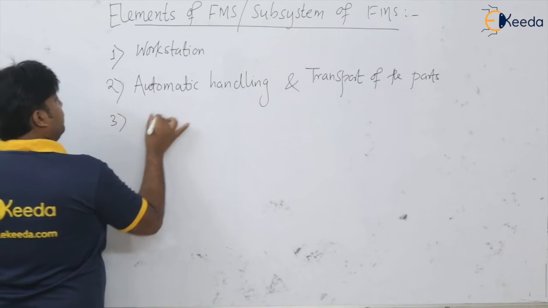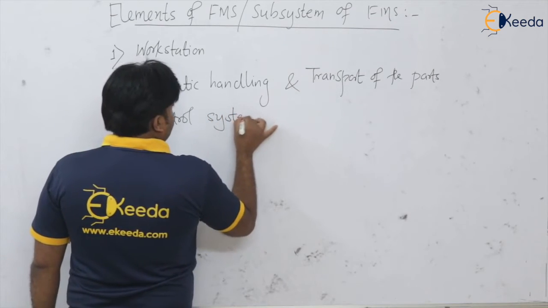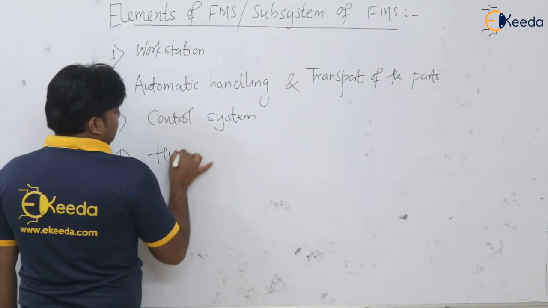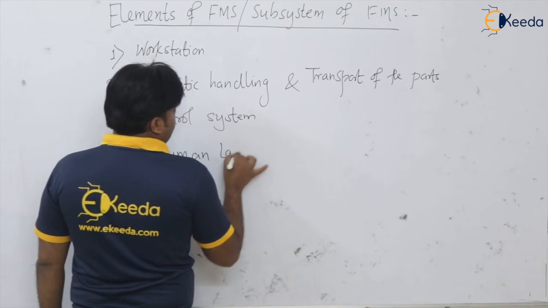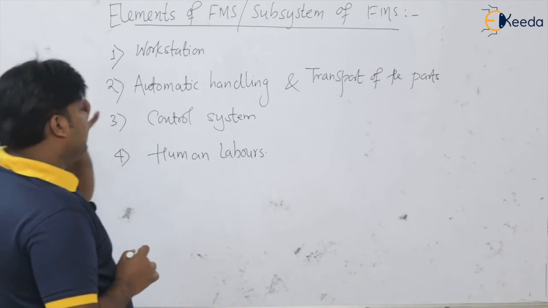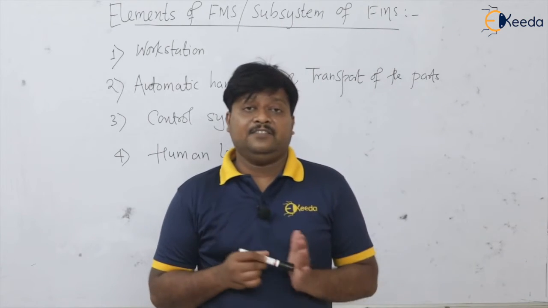Third, we have the control system, and fourth, I can add here the human labors. So these are four very important elements of the FMS.